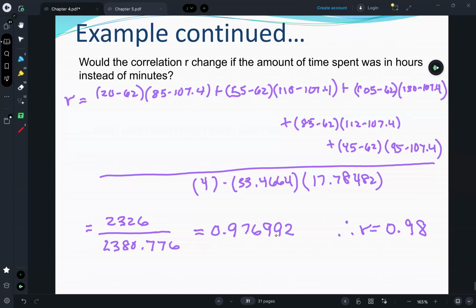Minutes and sales in the numerator, minutes and sales in the denominator, and they all cancel each other out. Minutes divided by minutes will be no minutes. Sales divided by sales will be no sales. So R is a unitless measure. And it doesn't matter if you change those units, it still will be exactly the same. So we could convert all the data to hours and it would still give us R equals approximately 0.98.